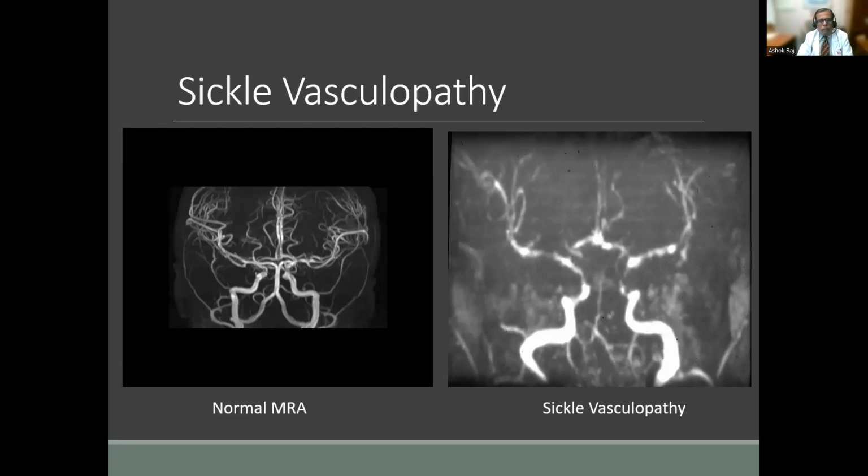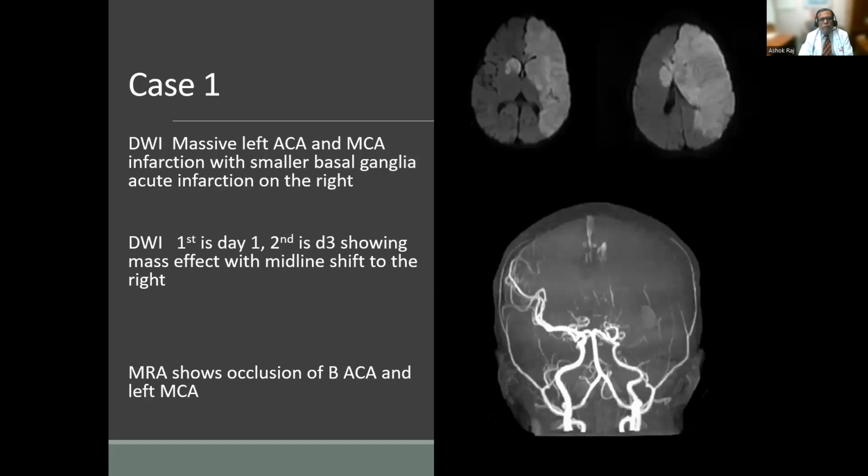This one is a normal MRA on the left, but you can see the markedly abnormal MRA in a patient with sickle vasculopathy. So let's look at a couple of cases. In this patient, you have diffusion weighted imaging with massive left ACA and left MCA infarction with smaller basal ganglia acute infarction on the right, which you see here.